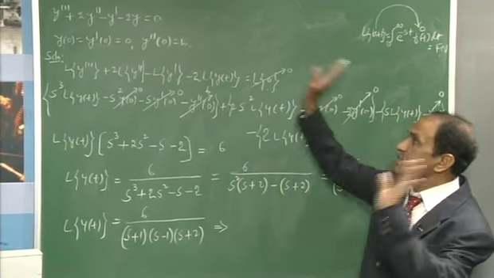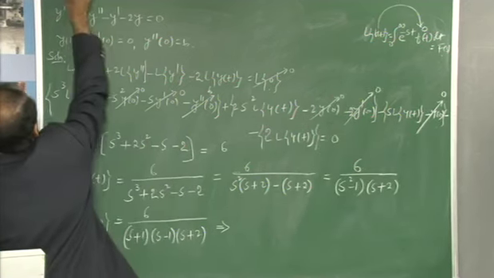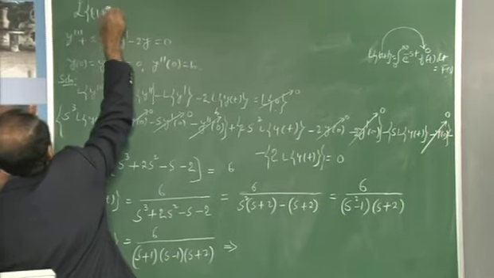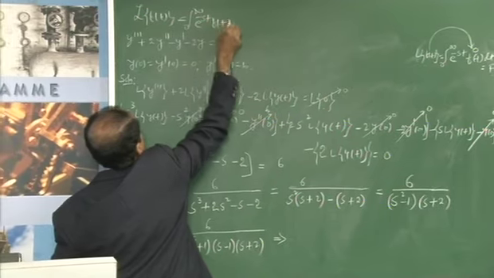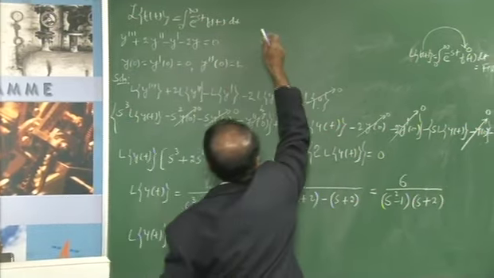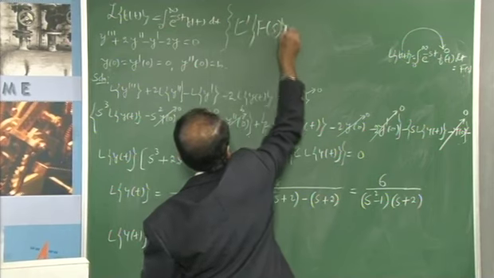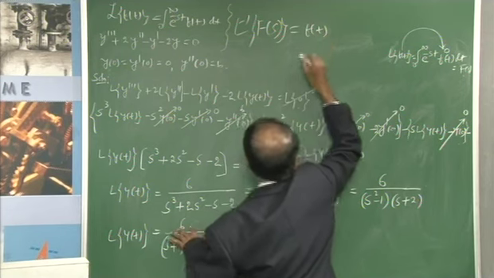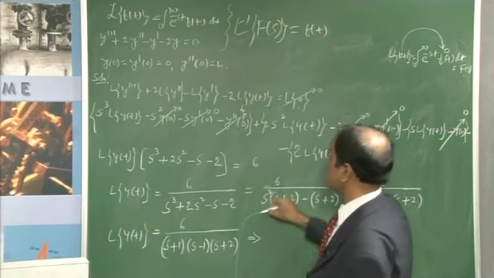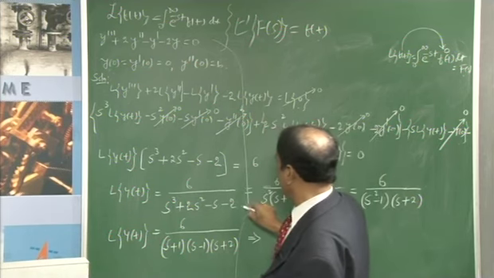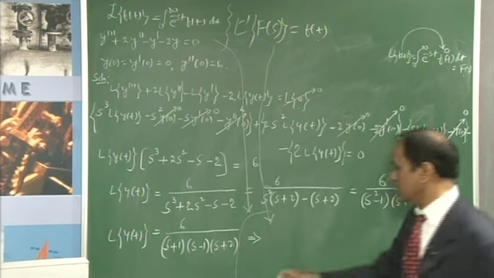All the knowledge you have gained from the basic definition of the Laplace transform, L of f(t) equals the integral from 0 to infinity of e to the power minus st f(t) dt, is one symbol, and another symbol is L inverse of F(s) equals f(t). Up to this step is the part you have applied, and from here onwards is the part you are going to apply.